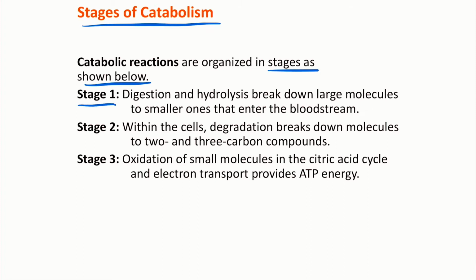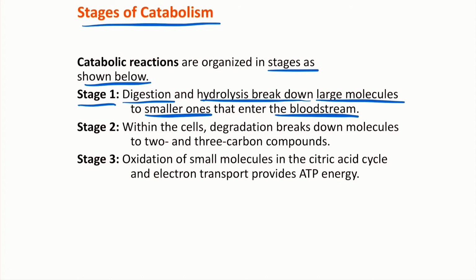Stage 1 is the digestion and hydrolysis breakdown of large molecules to smaller ones that enter the bloodstream. Think of these as sugars, any general molecules that are taken from the larger starch molecules. For example, if you eat bread, you're taking in starch, and the starch is broken down into sugar molecules. The sugar molecules then enter the bloodstream.